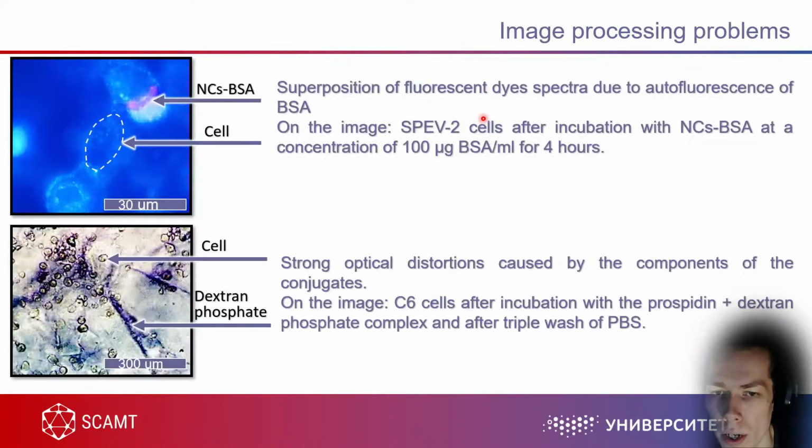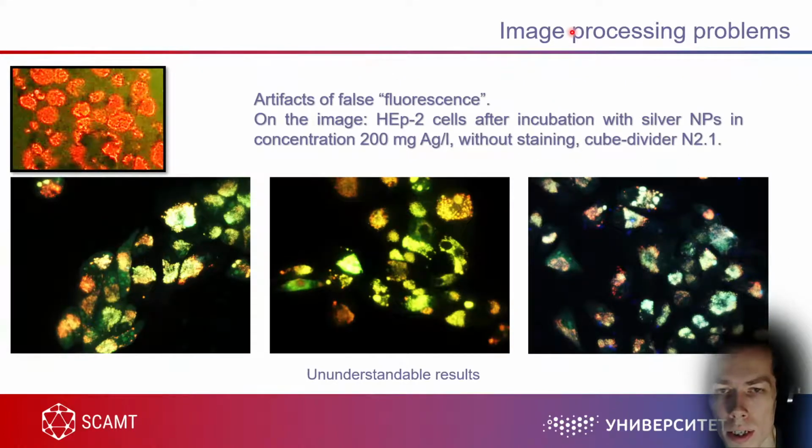Just compare with this one. Well, it's not fluorescence, of course, it's just phase contrast, but if we switch to fluorescence, there will maybe be a lot of scattering, a lot of artifacts and so on. So it's always better to make a very good sample than to try to process these images and conquer some problems.